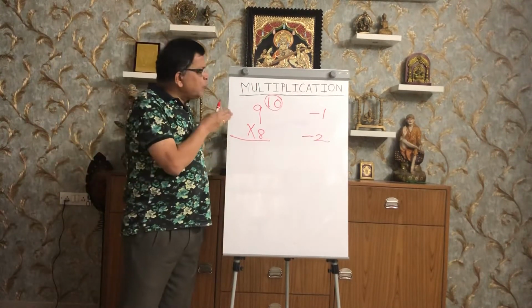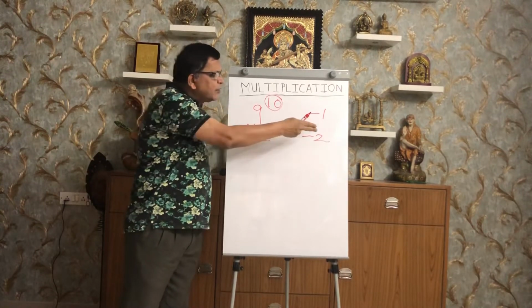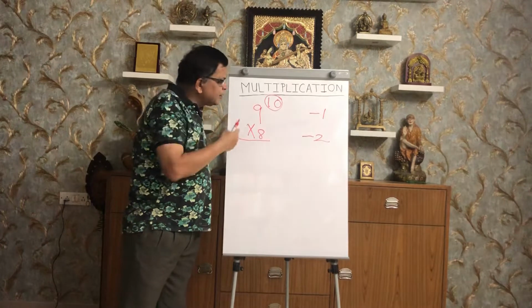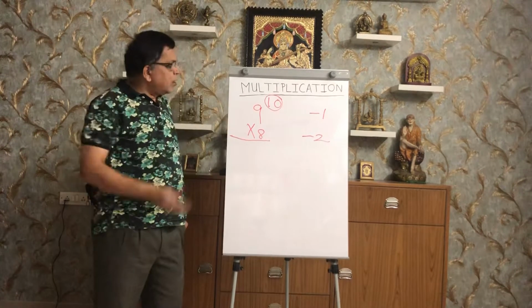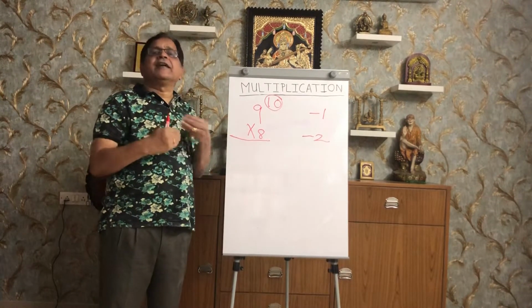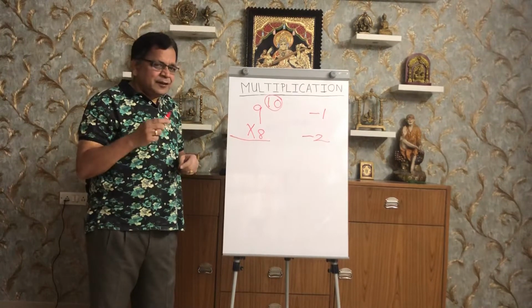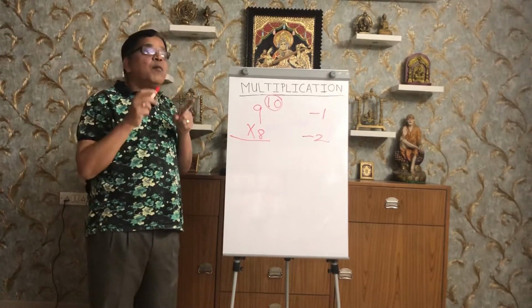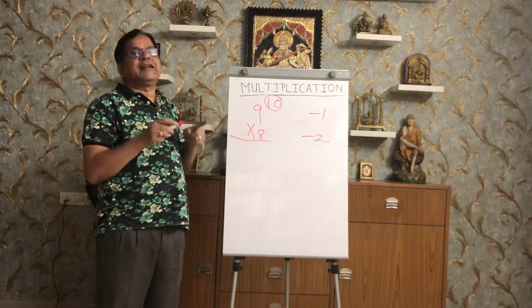Now if you do a cross addition between the two numbers, that is add 9 and minus 2, or 8 and minus 1, either way you get the answer 7. And that 7 forms the most significant digit for the multiplication of 9 times 8.